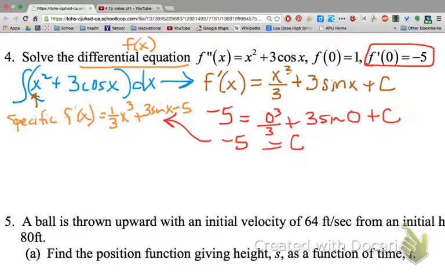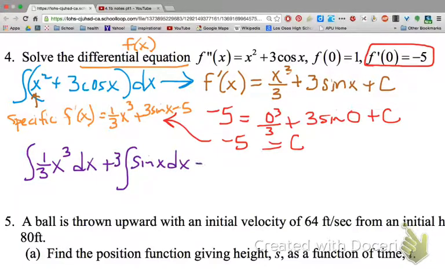So now I'm going to take the antiderivative of the first derivative, because I have to go back one more step, and I'm going to split this while I'm doing it. So plus the antiderivative of, I'll put this out in front, 3 sine of x, minus the antiderivative of 5.